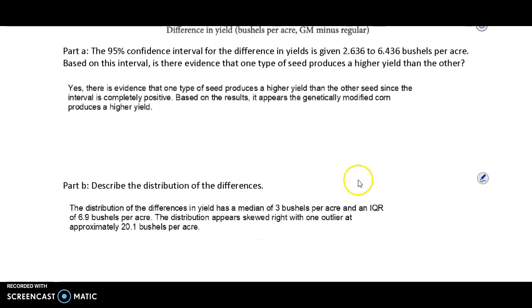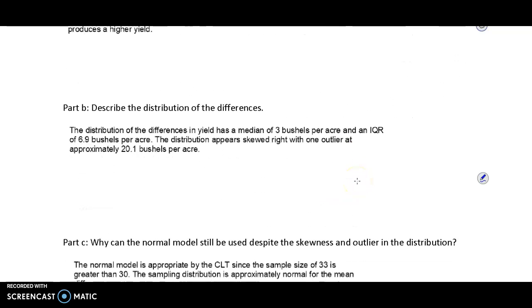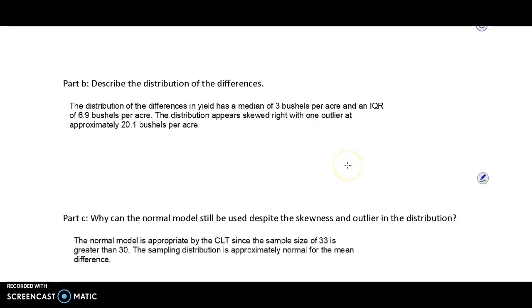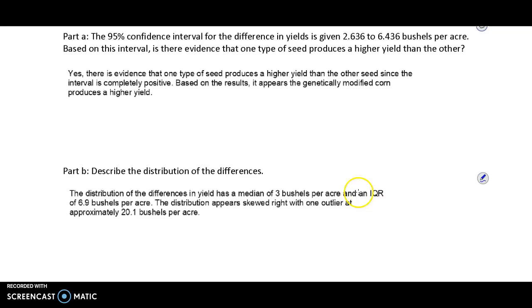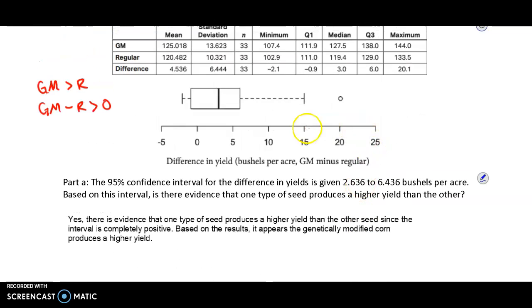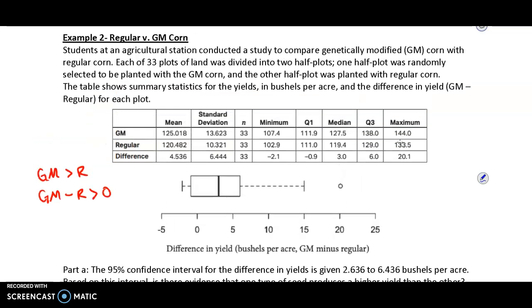And now my favorite question is, why can the normal model still be used despite the skewness and outlier in the distribution? Well, remember, our normality condition isn't about the distribution of the sample. It's about our sampling distribution. Well, we weren't told that our population of differences is normal, so I checked the CLT as my next condition.